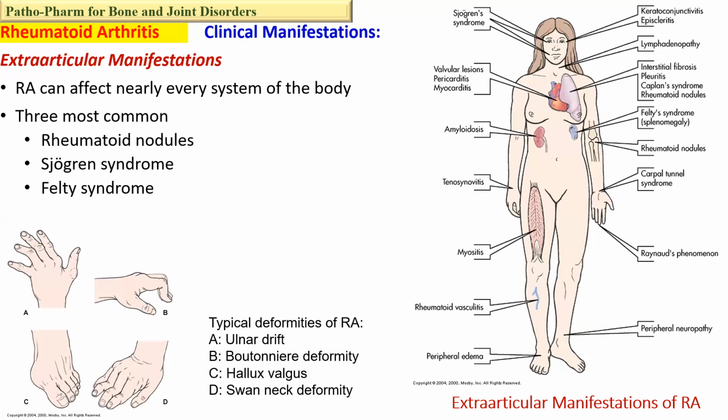They appear as firm, non-tender, granuloma-type mass or masses, usually over the extensor surface of the joints, like the fingers and the elbow, sometimes at the base of the spine or back of the head, and are also common in older adults.